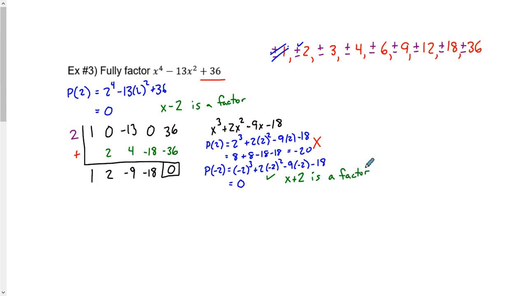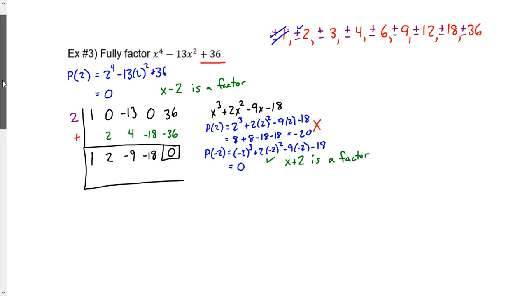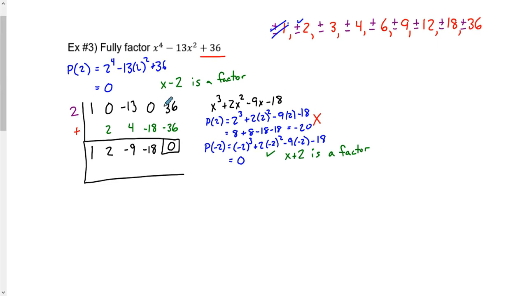Now there is a specific reason that I wrote it over here. That's because I already have my coefficients of 1, 2, negative 9, and negative 18 right here. If I just make another L, I don't have to create more space. I don't have to even do a whole bunch more work here. I put the 0 here, which is that negative 2. And I can continue on right down here.